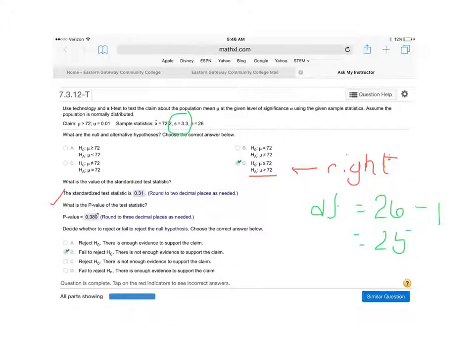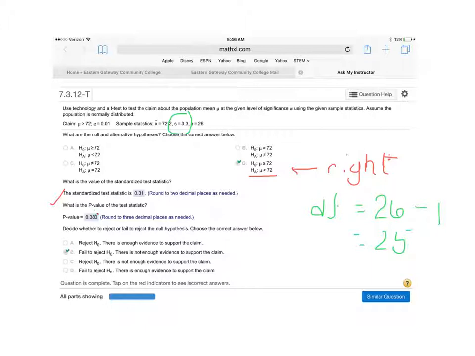Now, if you go to your table of critical values for the t distribution, you do not have the option to find the t or the p-value. You can only identify, okay, I've got 25 degrees of freedom, and I am given a level of significance of 0.01, and that's the area in one tail since we're doing a one-tailed test.